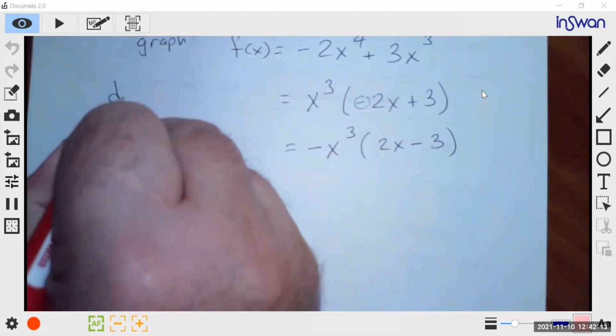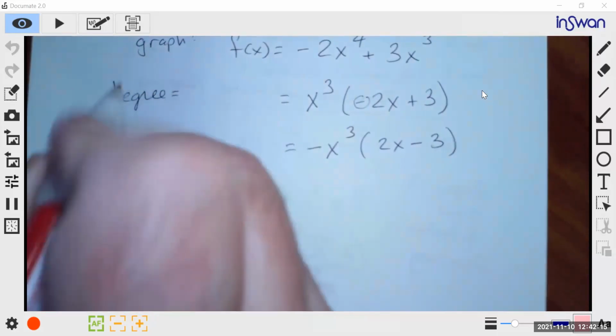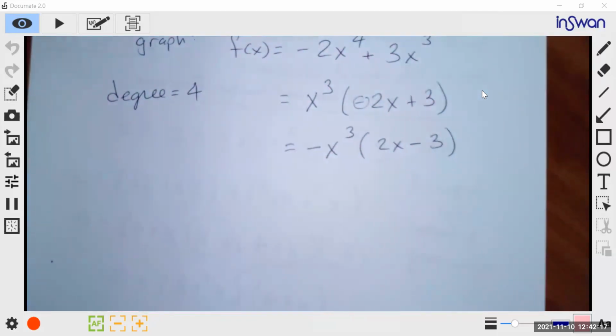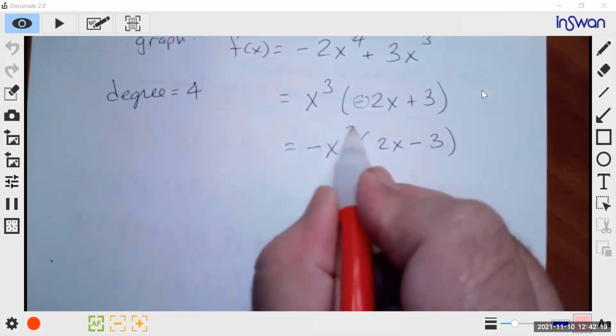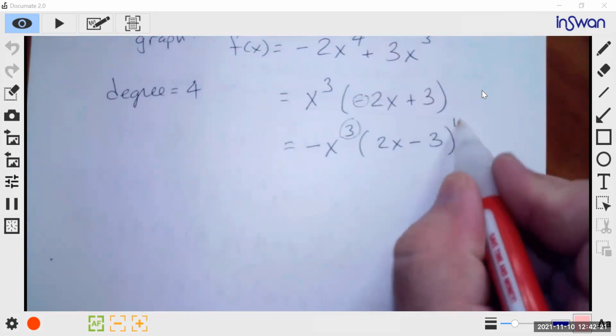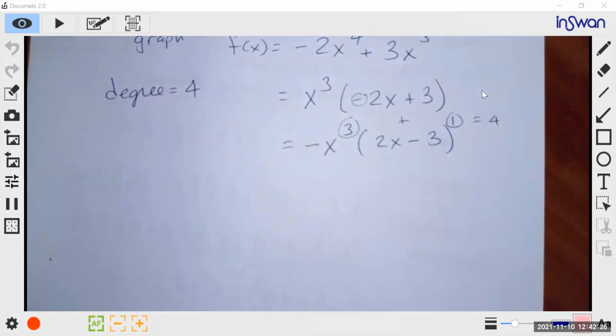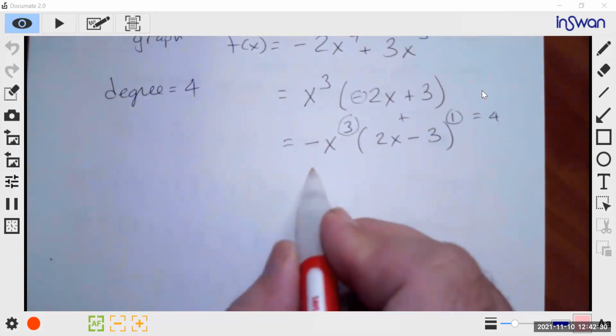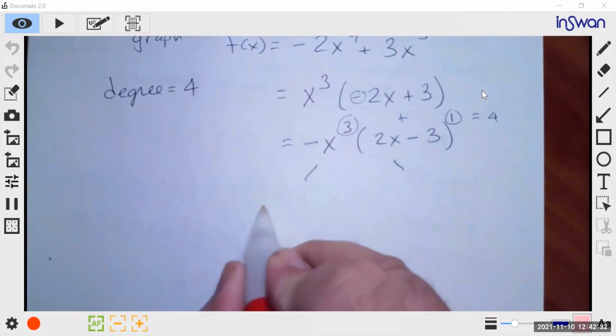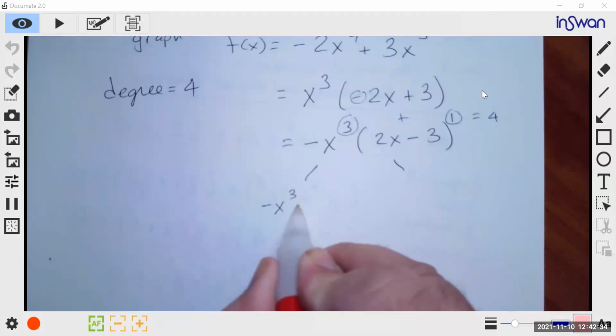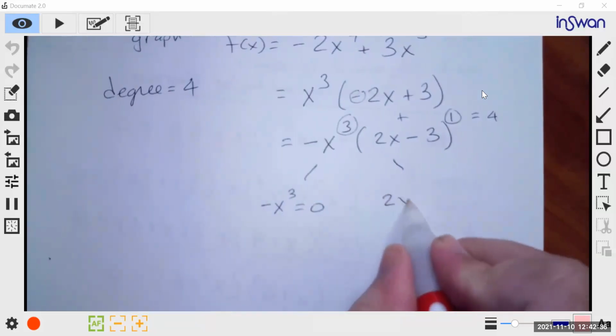Remember, our degree is 4. Our multiplicities, if we add them, we get 4. So now once we did that, set them equal to 0.